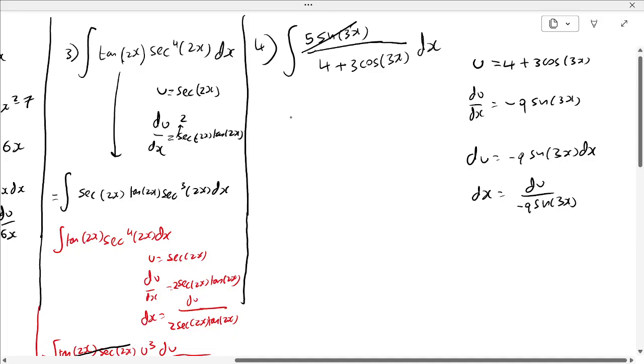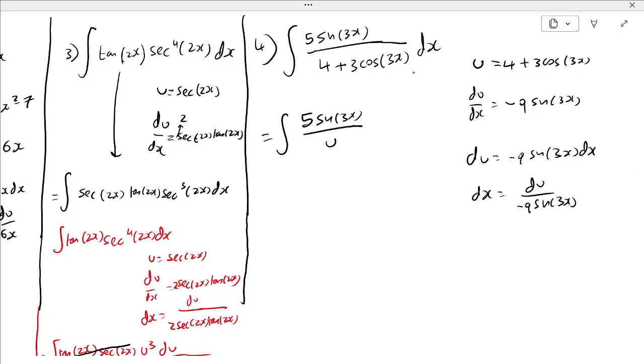So we still do the whole thing. It's just a method at this point. Once I know u, it's very straightforward. This is 5 sine 3x. This whole denominator was u, and instead of dx, I had du over negative 9 sine 3x.